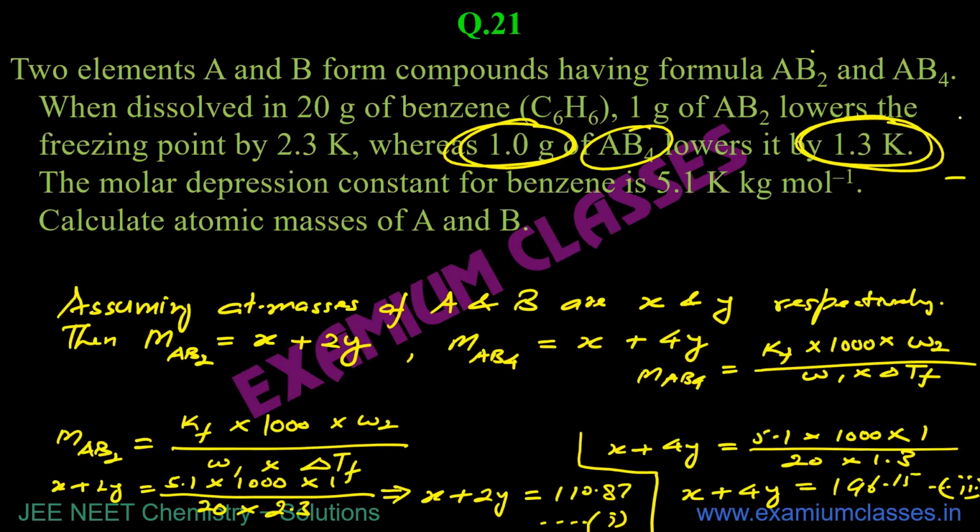So your answer is correct. So you will get x, that is atomic mass of A, as 25.59. You should write the atomic mass unit as u, and y will be 42.64.